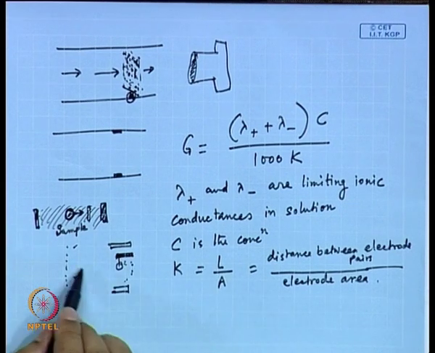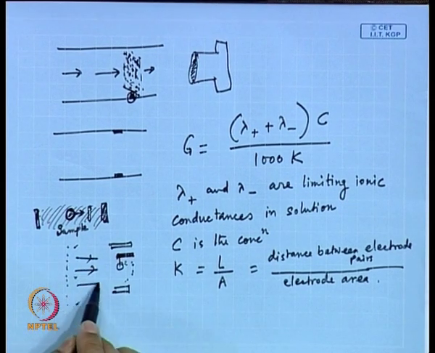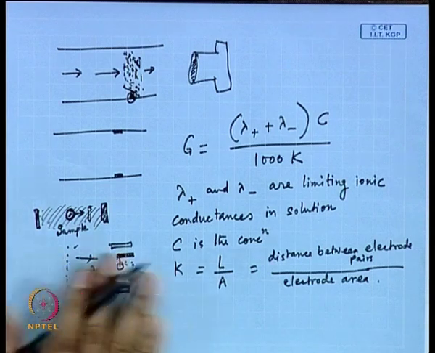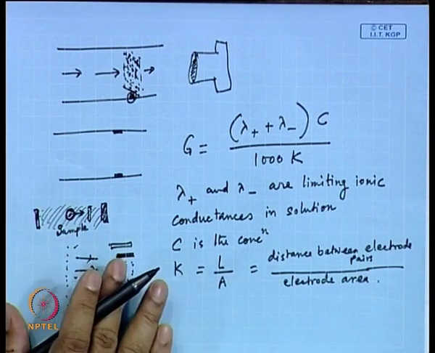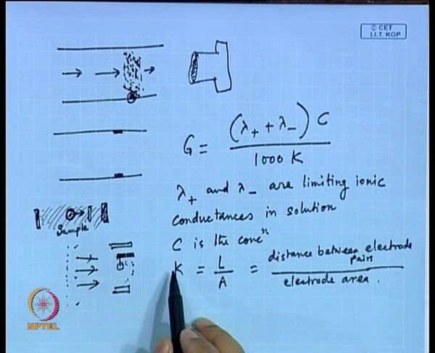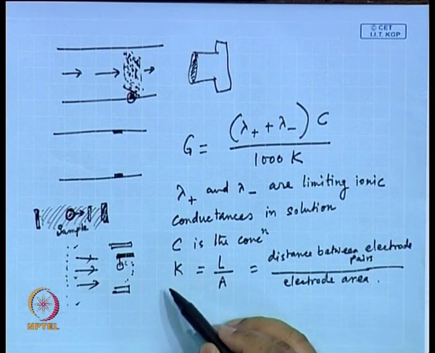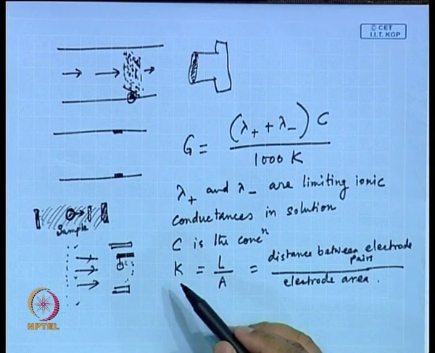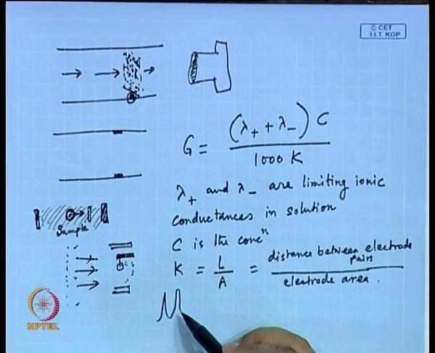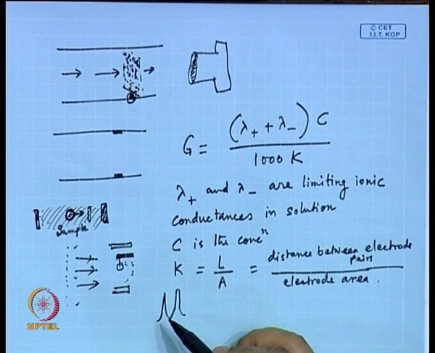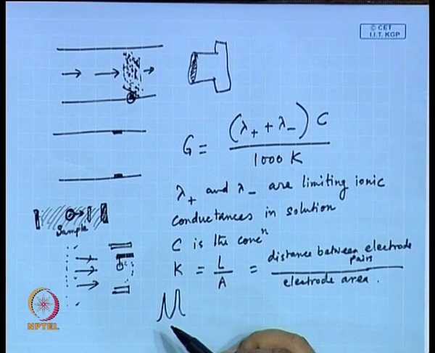So, within this channel, if you are having this laminar flow, a parabolic velocity distribution, one layer sliding against the other at different velocity, what you will find is you would be eluting layers based on their size and charge. So, you will be producing, as I said, a fractogram, one size and then another size and then another size.